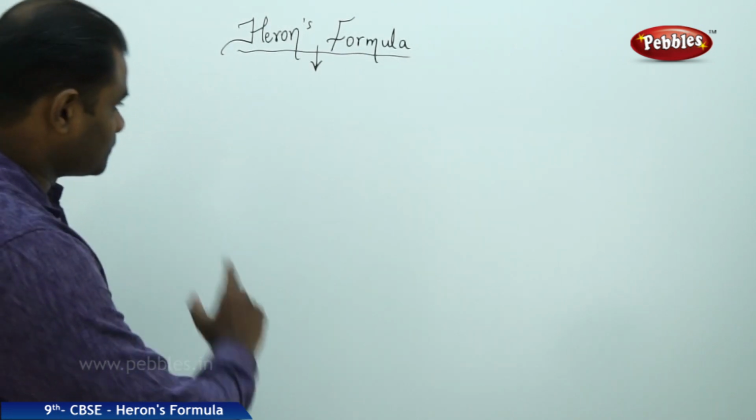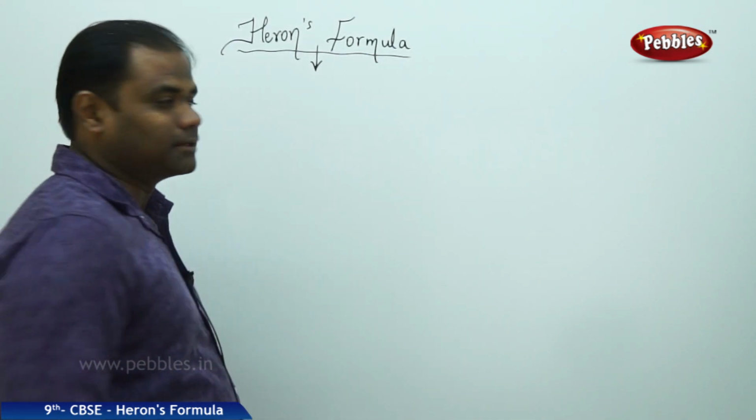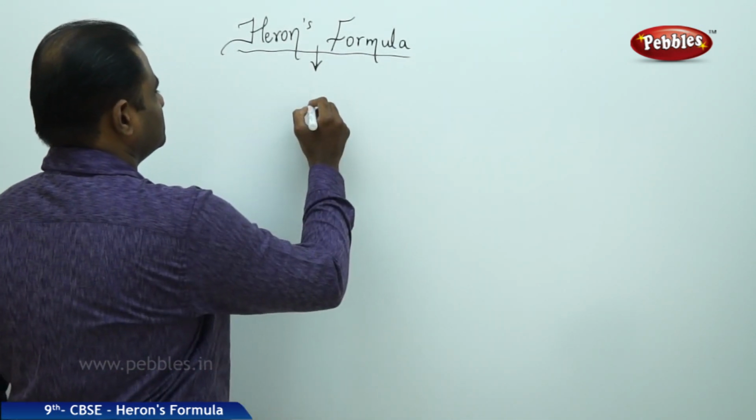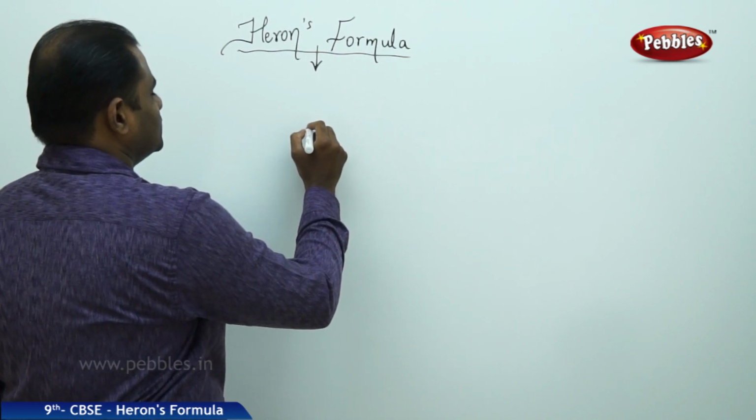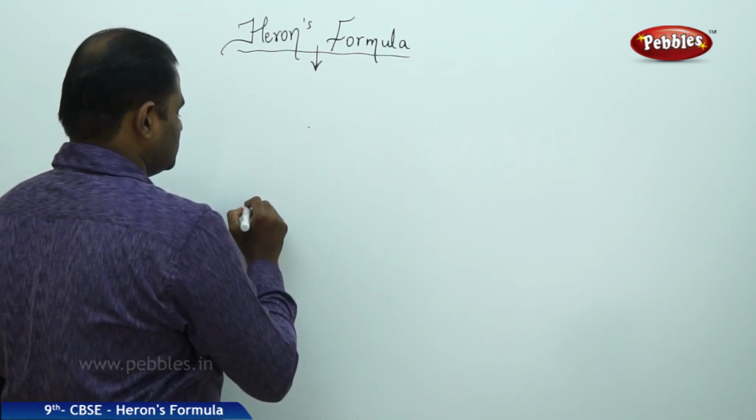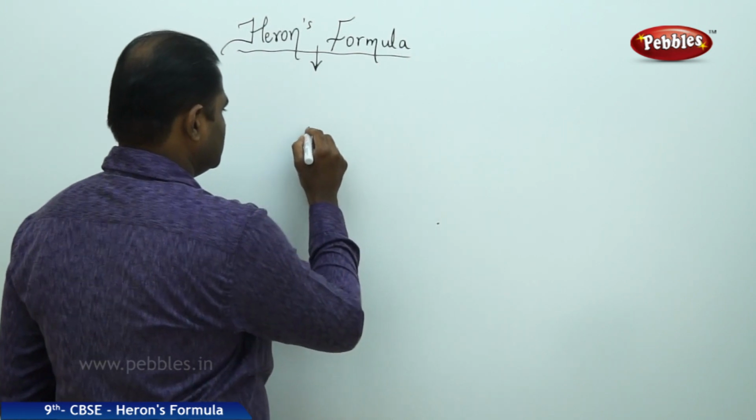Area and perimeter of a triangle using HERON'S formula. Imagine I have a triangle.